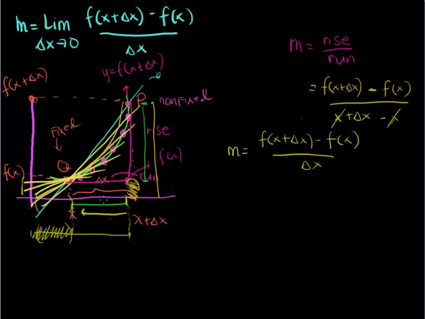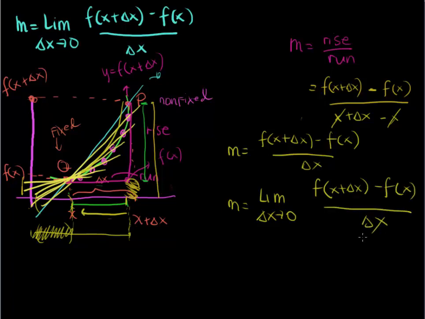And the distance is moving towards 0. That's why we have the idea of the limit as delta x approaches 0, and the rise over run concept, f of x plus delta x minus f of x over delta x. That's how they come up with this limit definition of the derivative.